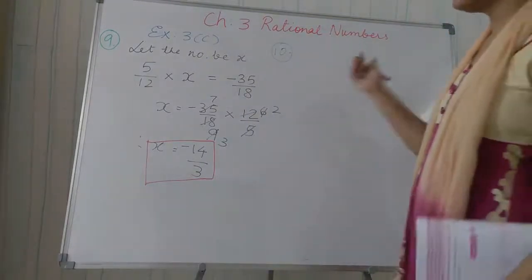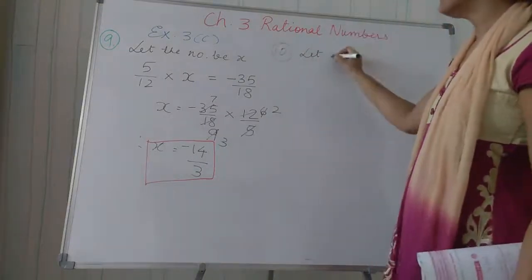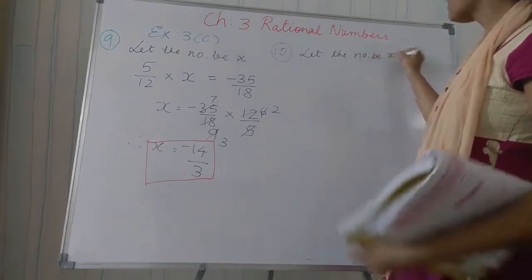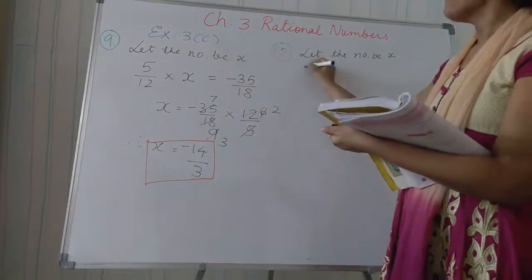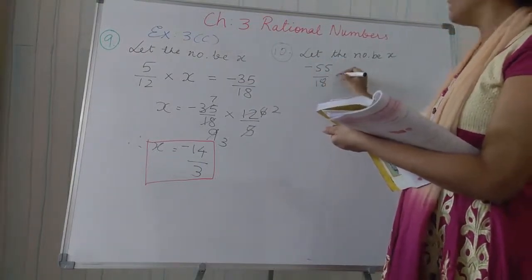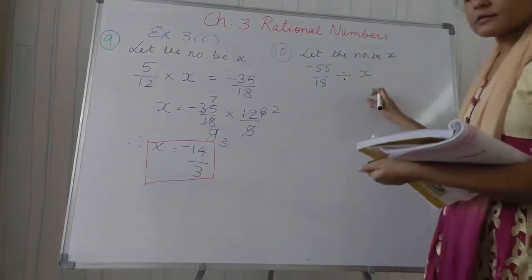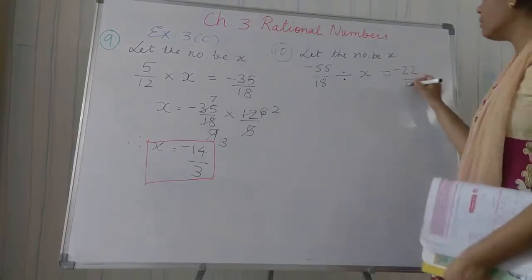So by what number? Again we want to find the number, so let the number be x. Now what number should minus 55 by 18 be divided by? This number should be divided by x to get minus 22 by 9.